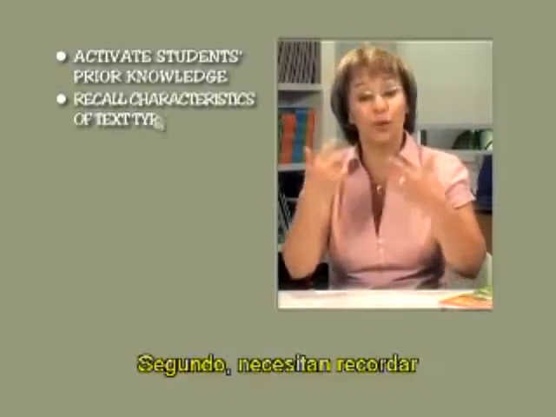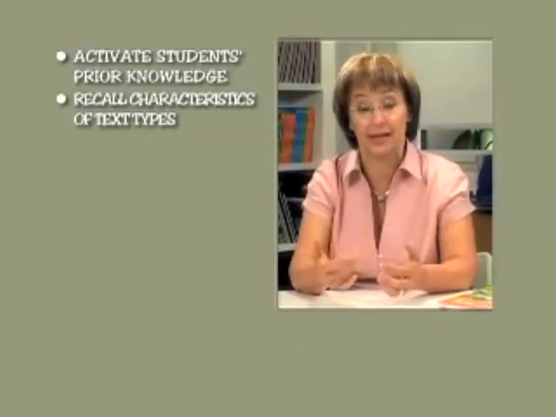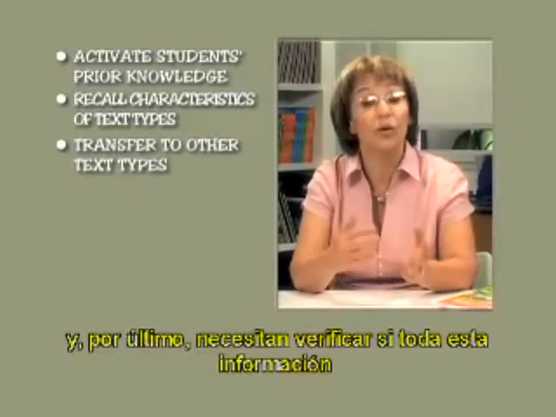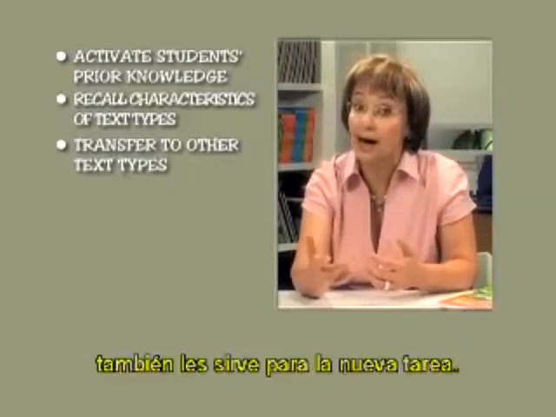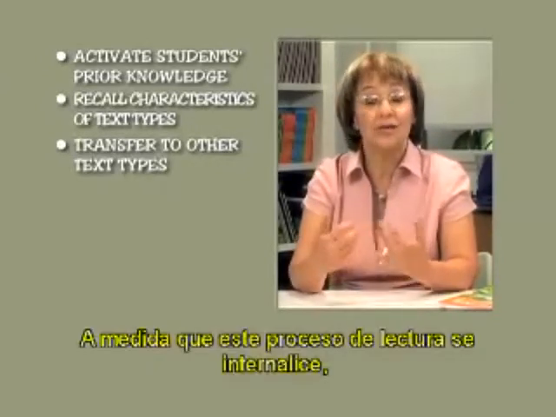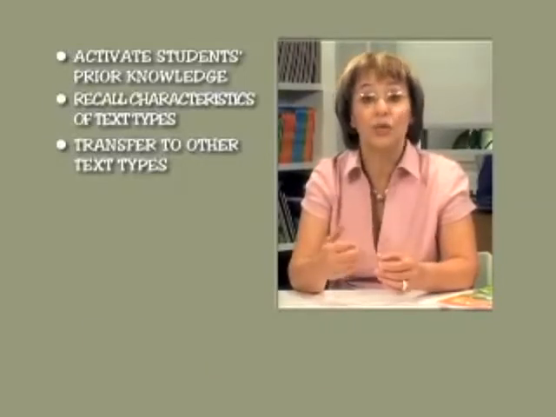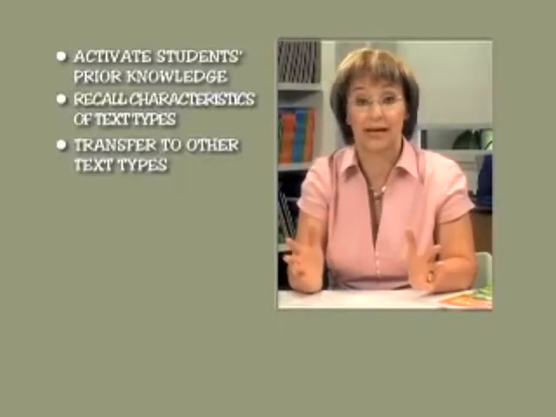Second, they have to recall the characteristics of each type of text. And lastly, they have to see whether all this information comes in handy for the new task. As this reading process is internalized, learners will be able to transfer knowledge to any type of text.